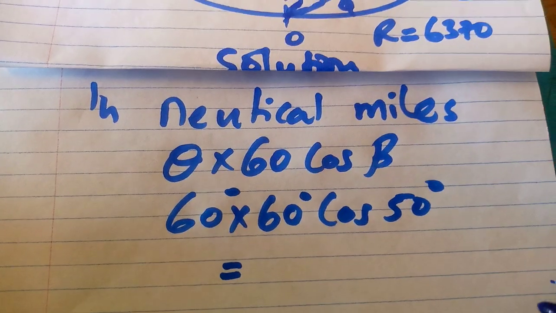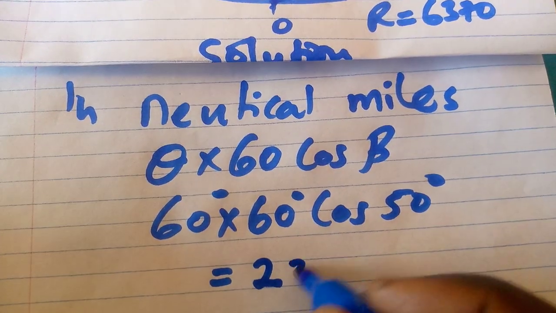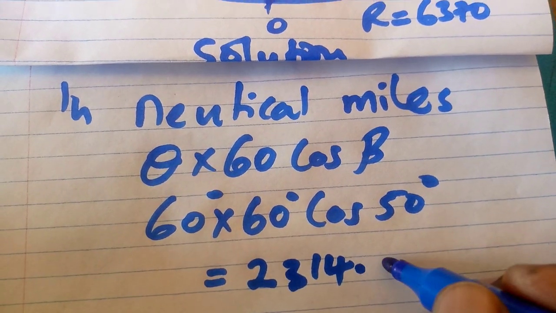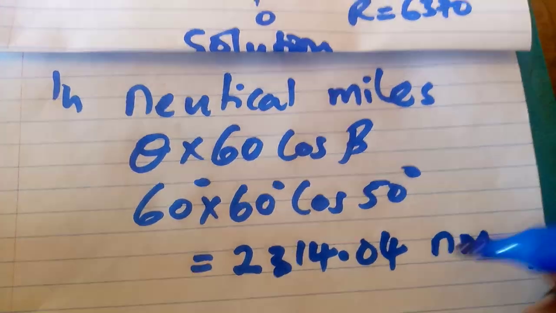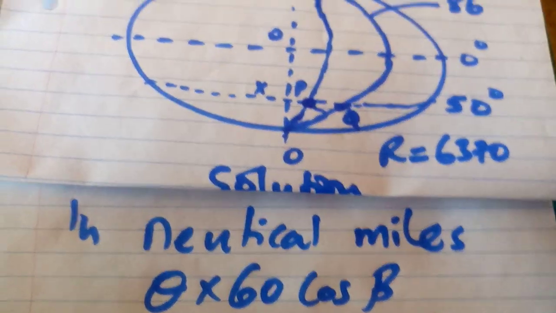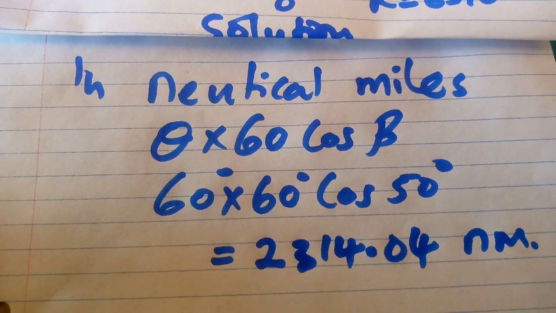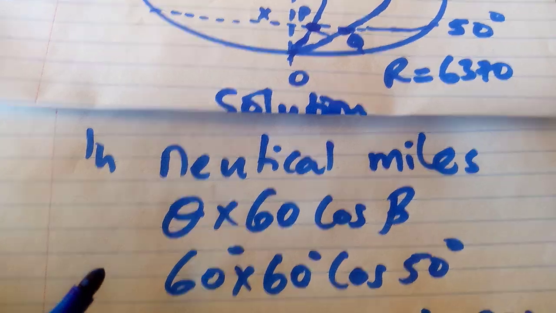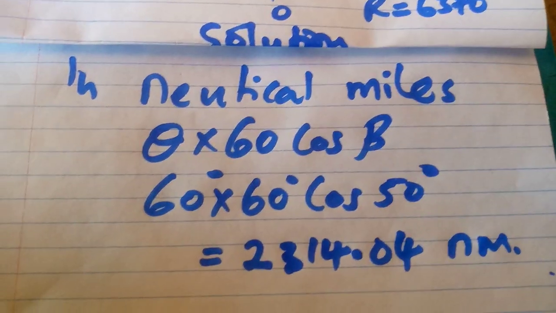Then my answer now becomes, if you compute it, 2314.04 nautical miles. Remember this is just the same as the one for kilometers, but in a different unit. You're being told that pilots use nautical miles. That's why it is necessary.